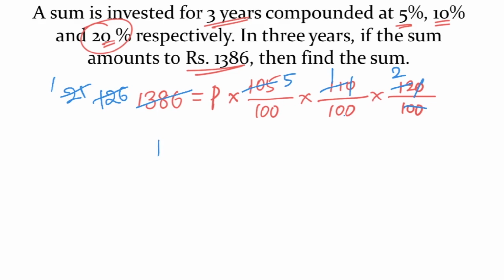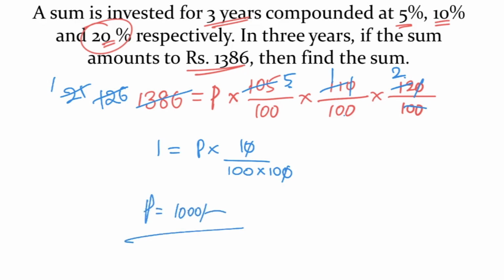So 1386 is equal to P into numerator 5 into 2, 10 divided by 100 into 100, cancel 0 and 0. So the principal is 1000 rupees. Got it? So rates of interest are different here. First year 105 by 100, second year 110 by 100 and third year 120 by 100.